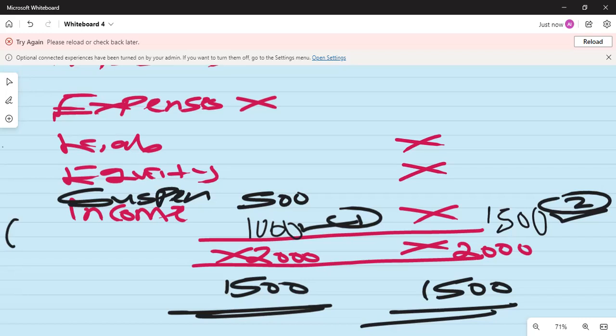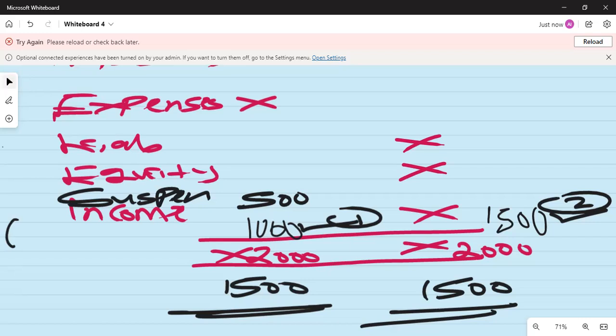In this example that I'm using, in the first instance we are having 2,000, 2,000. That is fine. The second instance is that the credit side is showing 1,500 and this one is showing 1,000. So we need to have a temporary account, which we call the suspense account. I'm going to bring 500 naira here on the debit side, so that at the end of the day, I'm going to be having 1,500, 1,500.